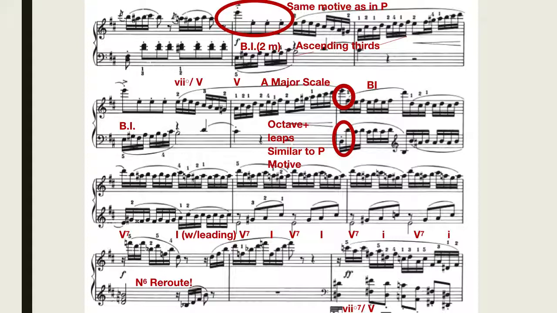The reason that I call it a reroute is because it's unexpected first, but the material is different. We haven't seen those cascading 16th like arpeggios before. We don't see them again until we finally get to the development. And so the material is different, and we never really return back to the scales or these octave leaps that you're seeing in the right hands and the left hands.